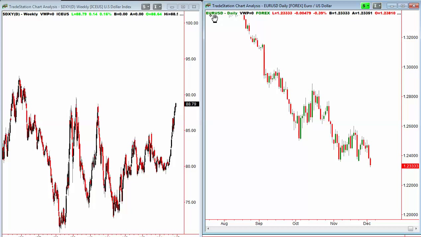So for example, the base currency here is the euro and the second currency is the dollar. So always remember that if the dollar is at the front, then this chart would look exactly the same as this one.